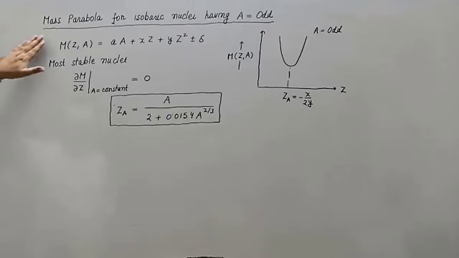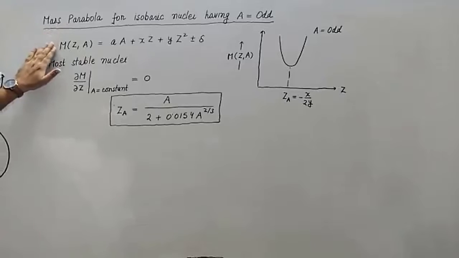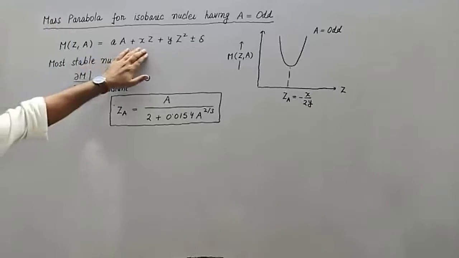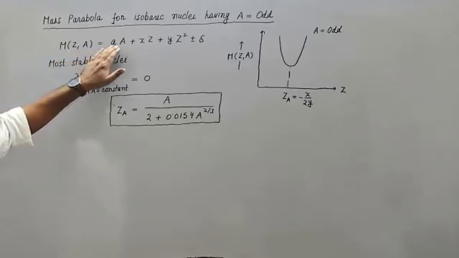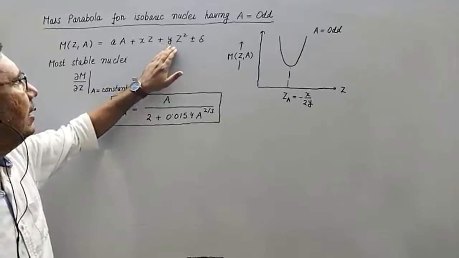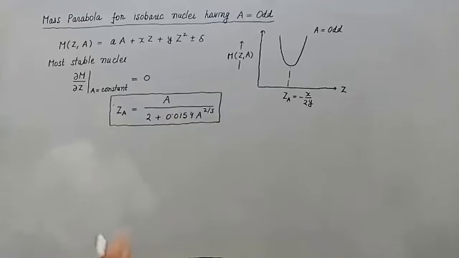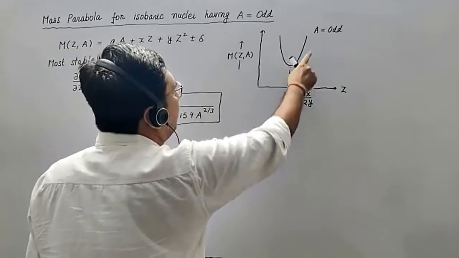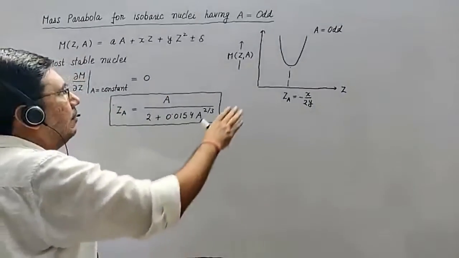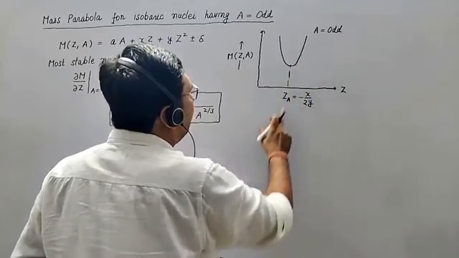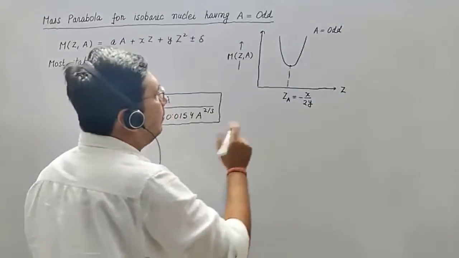So up to this point, we first found the mass of the nuclei, and using the Weizsacker formula, we have modified the formula for the mass of the nuclei in the following form. Mass of the nuclei is equal to A times capital A plus X times Z plus Y times Z square plus or minus delta. If we plot this mass of the nuclei as a function of Z, we will find this type of parabola, and the lowest point of this parabola corresponds to the most stable nuclei.